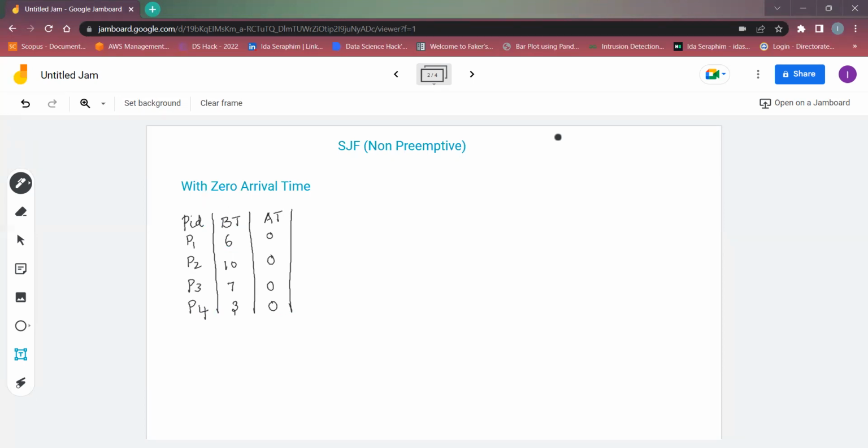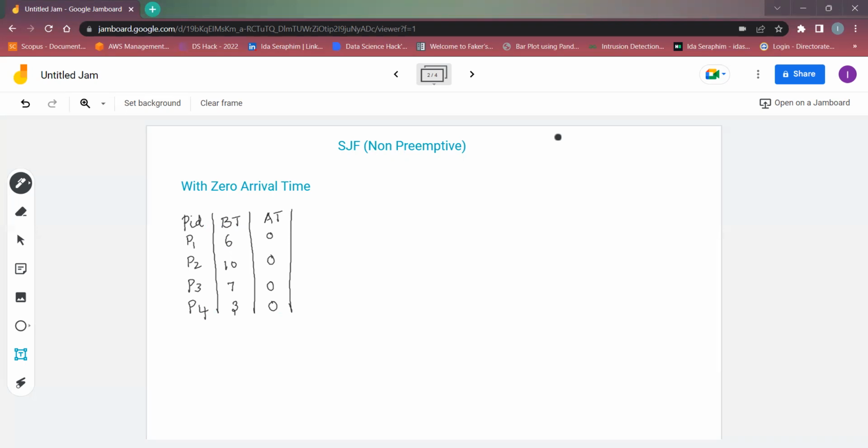The algorithm now decides which has the shortest burst time and, according to that, gives the CPU. All four processes are right now in a queue waiting for the CPU. As we know, SJF depends on the burst time, so it will take the process having the shortest burst time and give the CPU to that process.